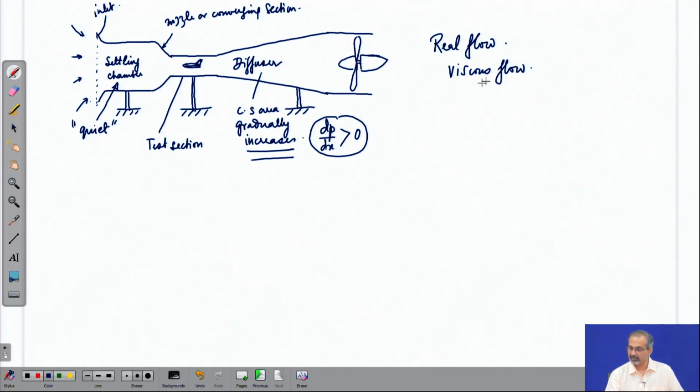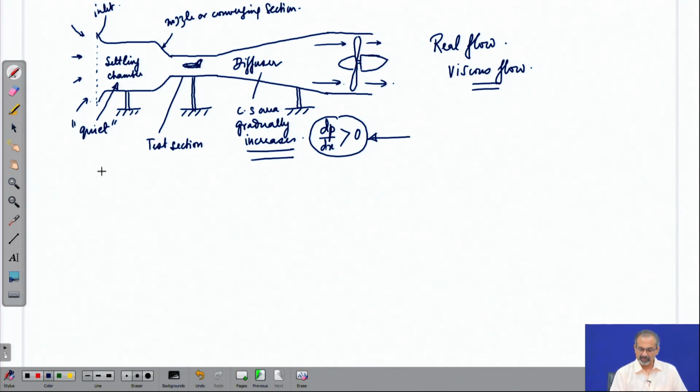While it handles the viscous flow, it is very much prone to flow separation due to adverse pressure gradient, and thereby you have to keep a long diffuser where you gradually increase the pressure of the flow and make sure that there is no flow separation. And then finally, the flow moves through the fan and leaves the wind tunnel.